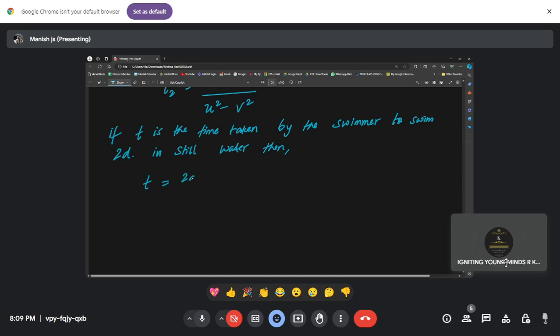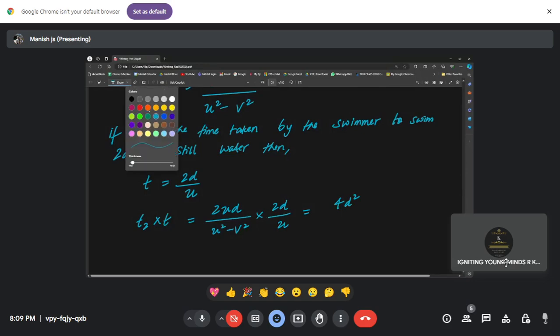So we can write this as 2d upon u. So making use of this particular relation, we can say T2 into T is equal to, substitute the values children, 2ud upon u squared minus v squared into 2d upon u. So we have these values. Multiply and go for a simplification. We can write this as 4d squared.